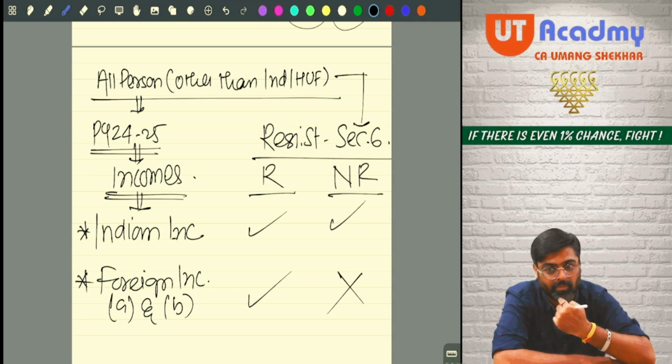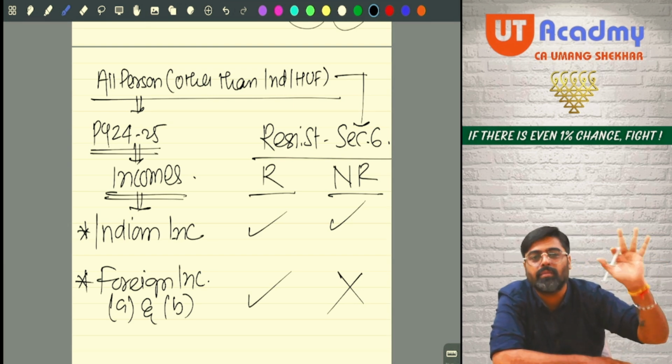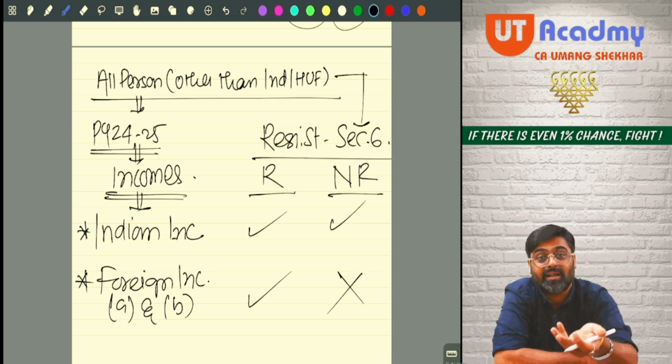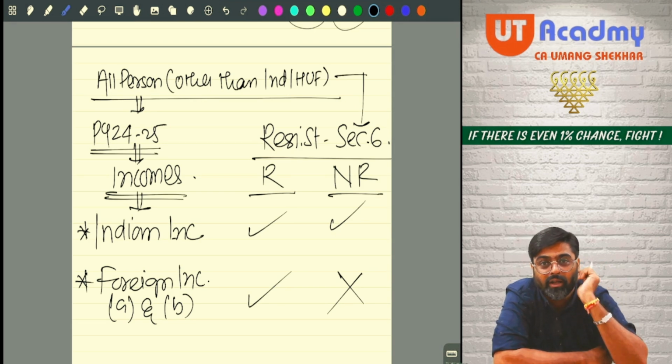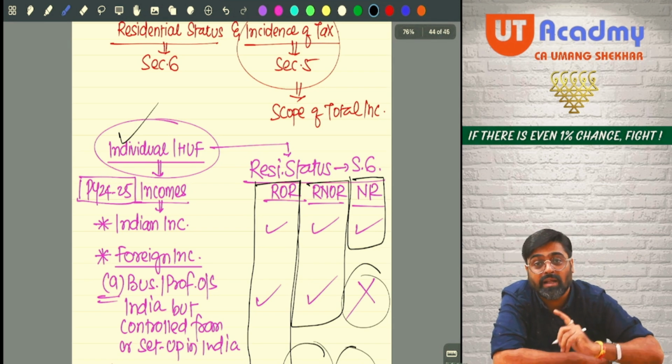The moment you see an income, you will come to know that okay, this is Indian income. But that thing we will do a little bit later. First target would be to learn how to determine the residential status of various assessees. So we will first learn how to determine the residential status of an individual. Then we will learn how to determine the residential status of HUF.